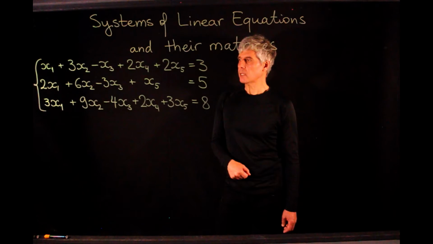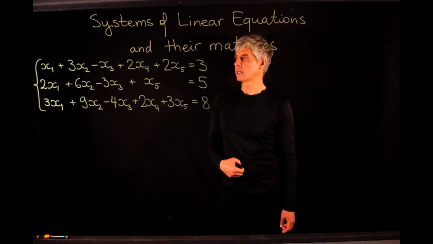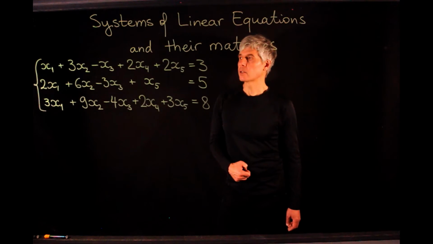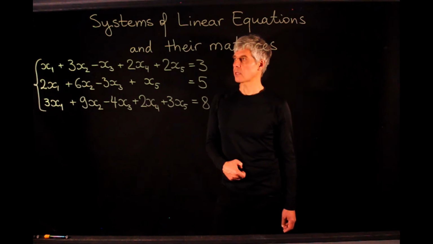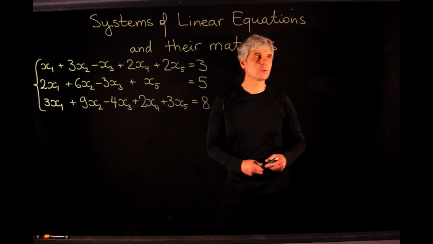So an economical way to encode this system of equations is to drop the names of the variables and to write down only the coefficients in front of them. This leads to the concept of a matrix of a system of linear equations.